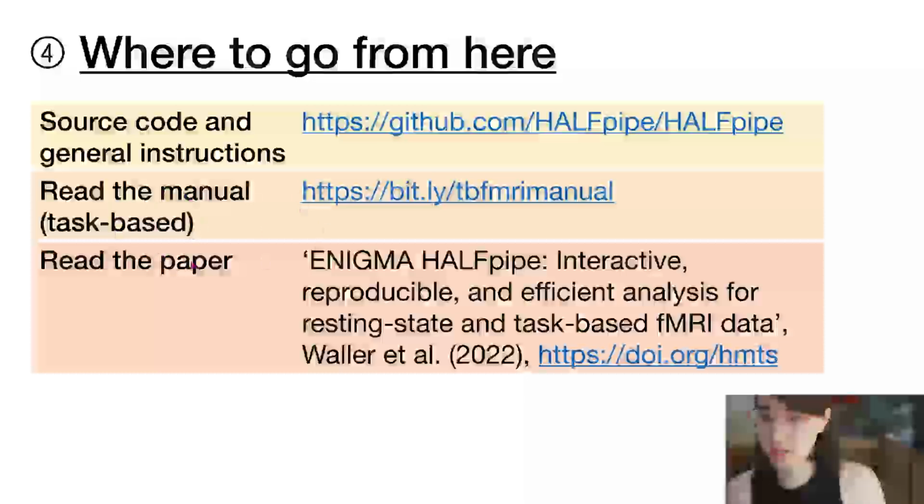There's the task-based manual. There's actually also a resting state manual that I haven't linked here. And there's also the QC manual, but I think those are linked in the task-based fMRI manual, if you scroll down a bit. And finally, there's the paper, where we also talk about what I just talked about in much more depth. And you can find that here.